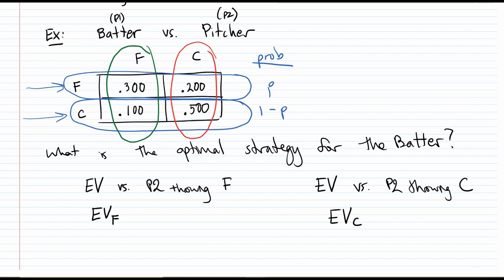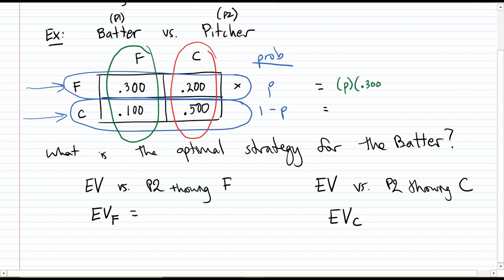So what's the expected value versus a fastball? Well, I have a probability of P that I'm going to be having 0.300, and I have a probability of 1 minus P that I'm going to be getting 0.100. And I want to add those together, so I'll have in total P times 0.300 plus 1 minus P times 0.100. So let's move that down here.